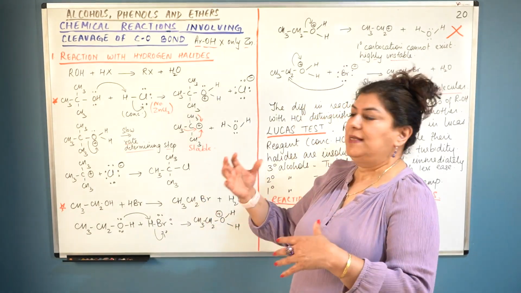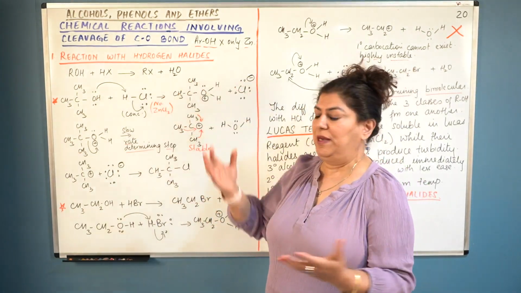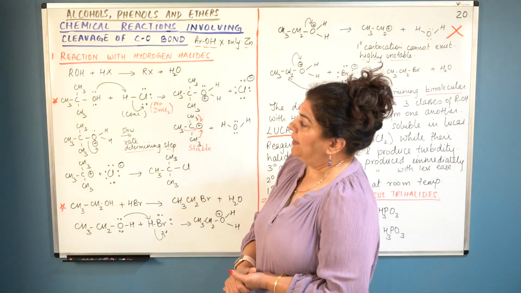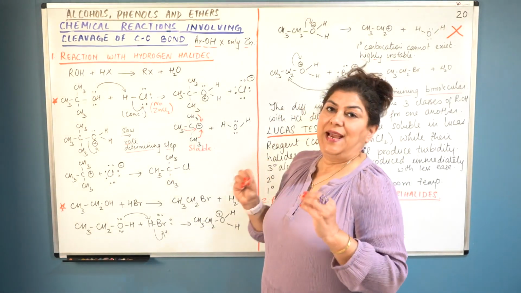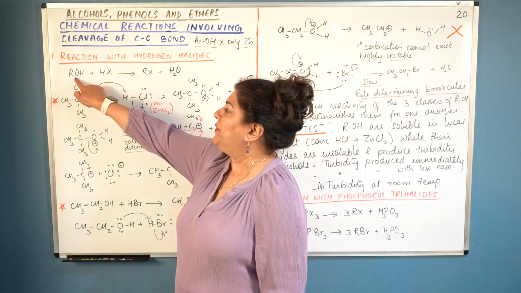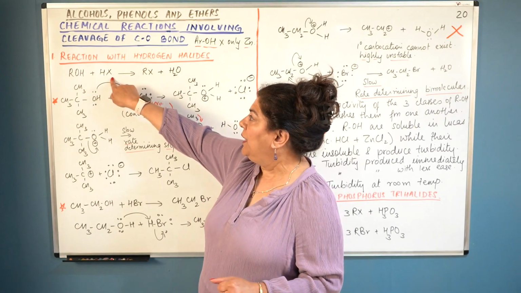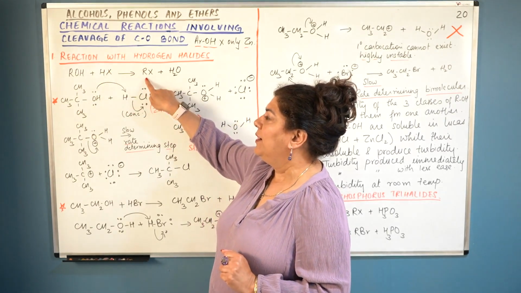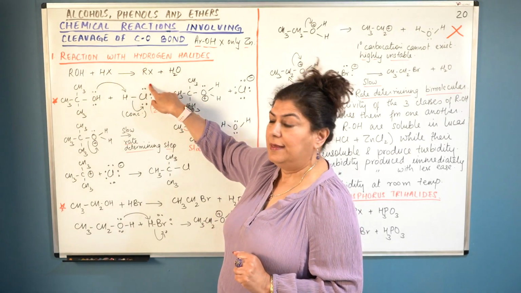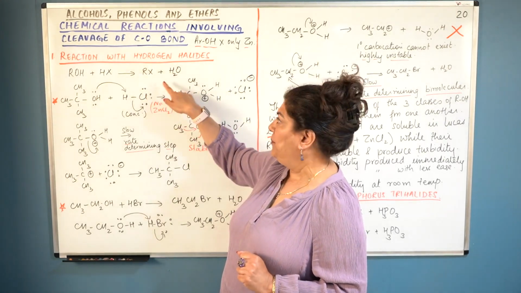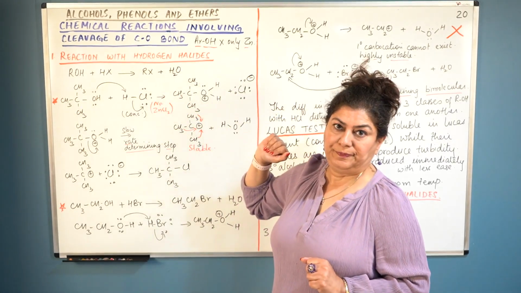The basic reaction is that when alcohols react with hydrogen halides, where X is any halogen, it results in the formation of the alkyl halide, or haloalkane, and water.